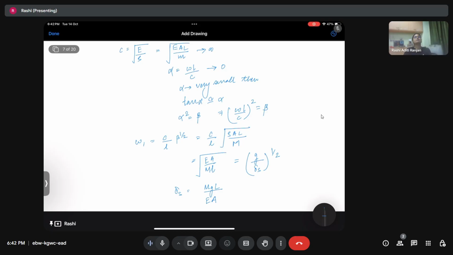We assumed it as a spring mass system with stiffness E A by L, and since Kx equals mg, x was mg by E A by L. So the same expression we got over here. Using this, we can write omega 1 as g by delta static to the power 1 by 2. Okay, I hope this is clear.